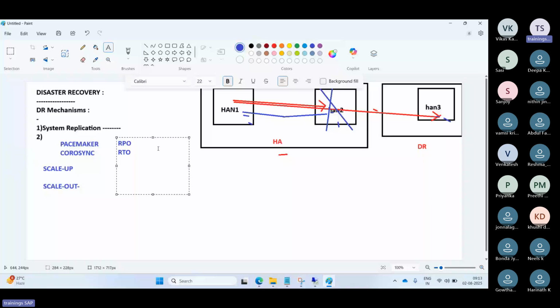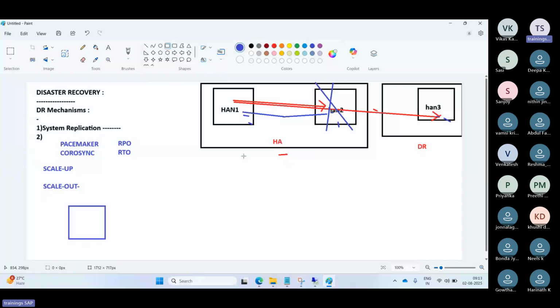These are very important things. During the HANA deployment, I already explained, right? HANA deployments are not only on-premises; at the BTP level there is also HANA Cloud, a database-as-a-service concept.